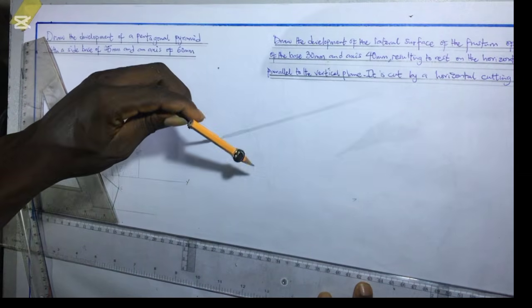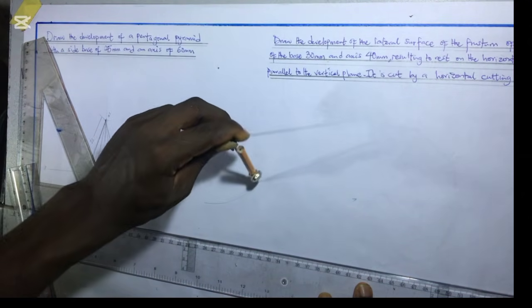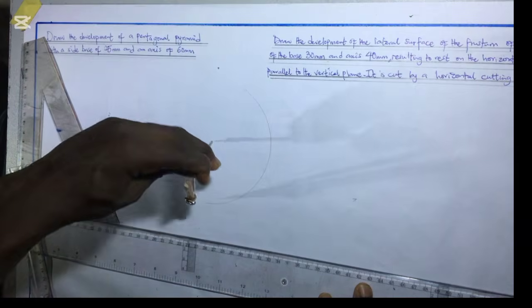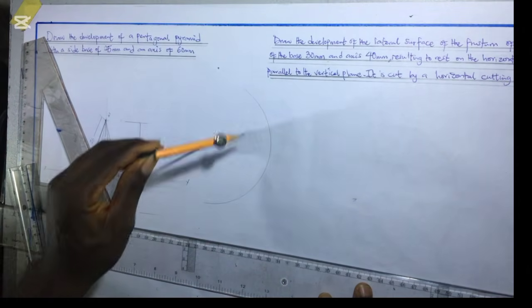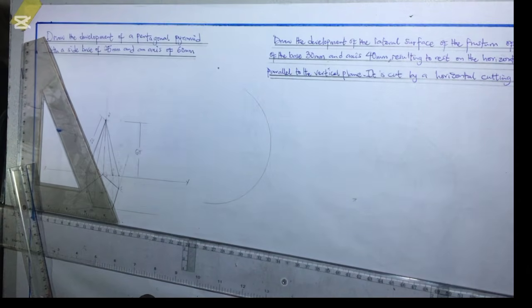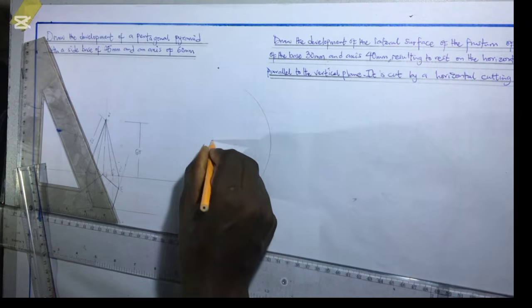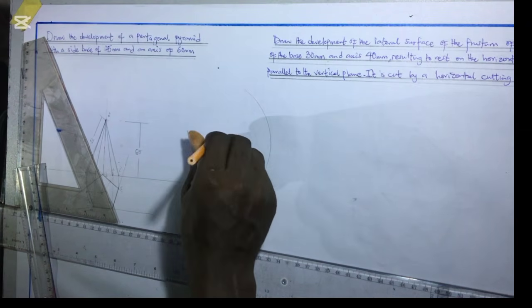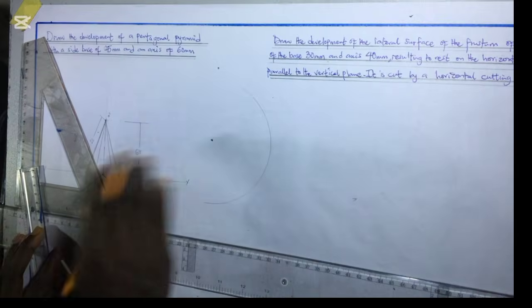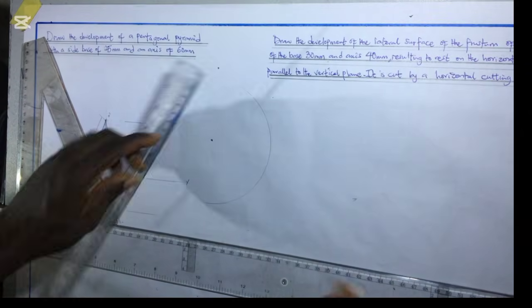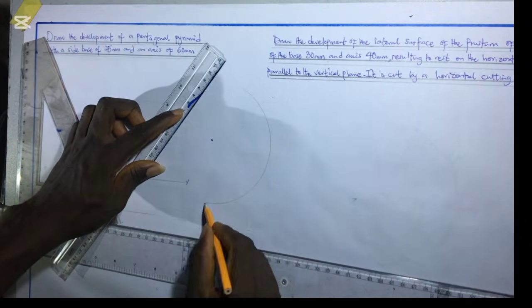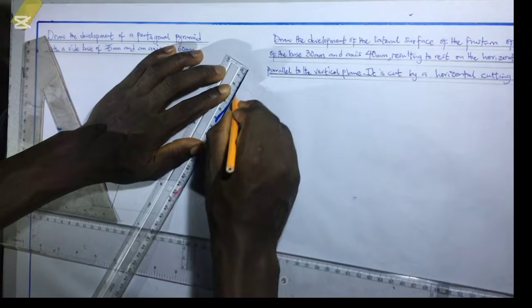So you take that same line that you took from there, and you draw an arc like this. Can you see? You draw an arc. When you draw that arc, you locate the point. This is the point here. When you locate that point, you draw it to the last point here.